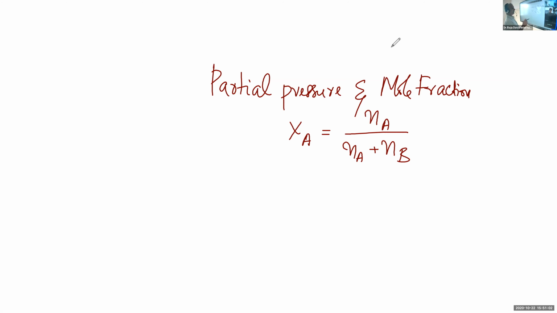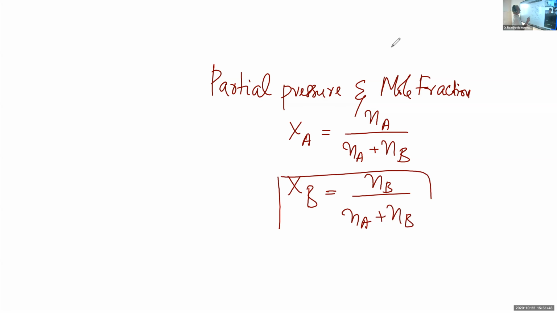Suppose we have two components, two gases A and B. Then the mole fraction of A, XA, is equal to Na by Na plus Nb, where Na is the number of moles of A and Nb is the number of moles of B. Similarly, the mole fraction of B is equal to Nb by total number of moles, Na plus Nb.